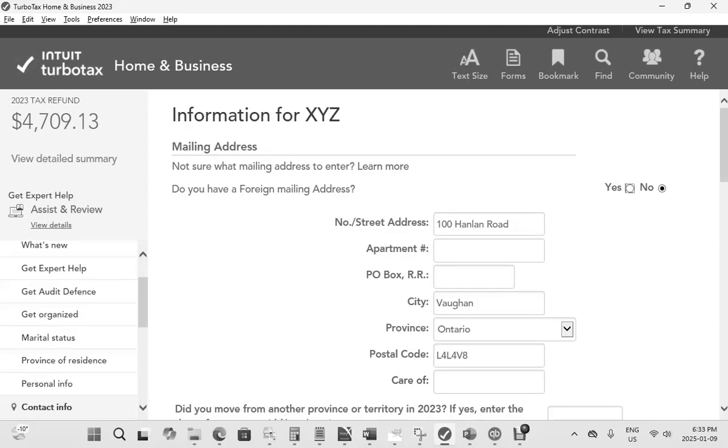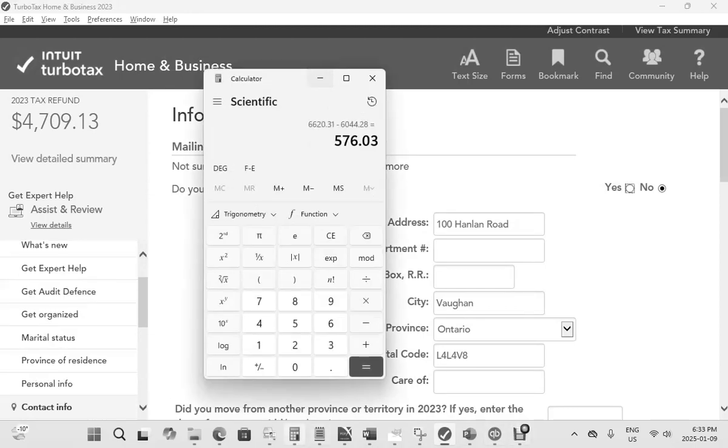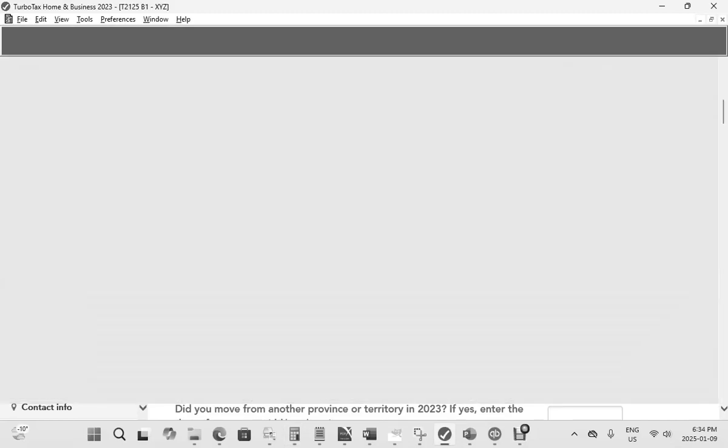If you do the math, it was $6,044.28 and now it's $4,709.13, a difference of $1,335.15.